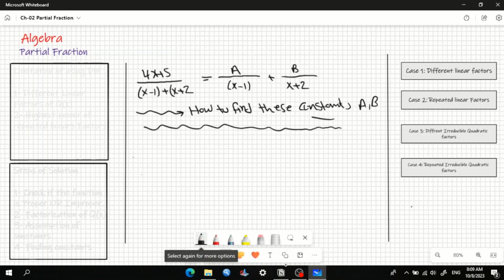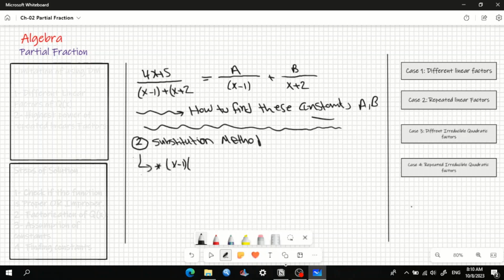Here we have the substitution method. The first step is the same as in the comparison method, to multiply by the common denominator, x minus 1 times x plus 2, on both sides.